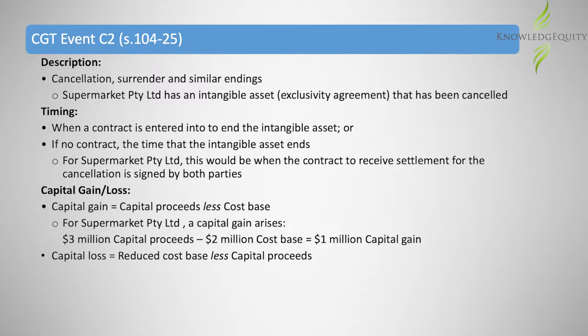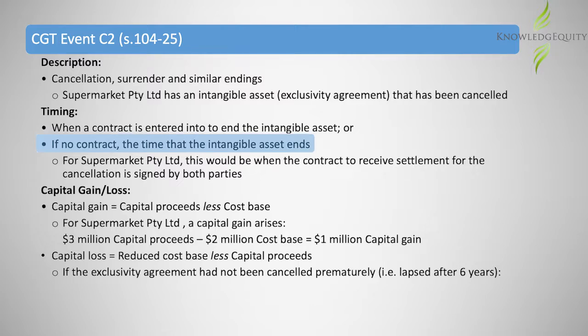Here the capital gain would be the $3 million capital proceeds less the $2 million cost base, being $1 million. However, let's assume that Supermarket's contract was not cancelled prematurely and instead it lapsed after 6 years. This would also trigger CGT event C2 as an intangible CGT asset expired. In such an instance, there would be a capital loss of $2 million.